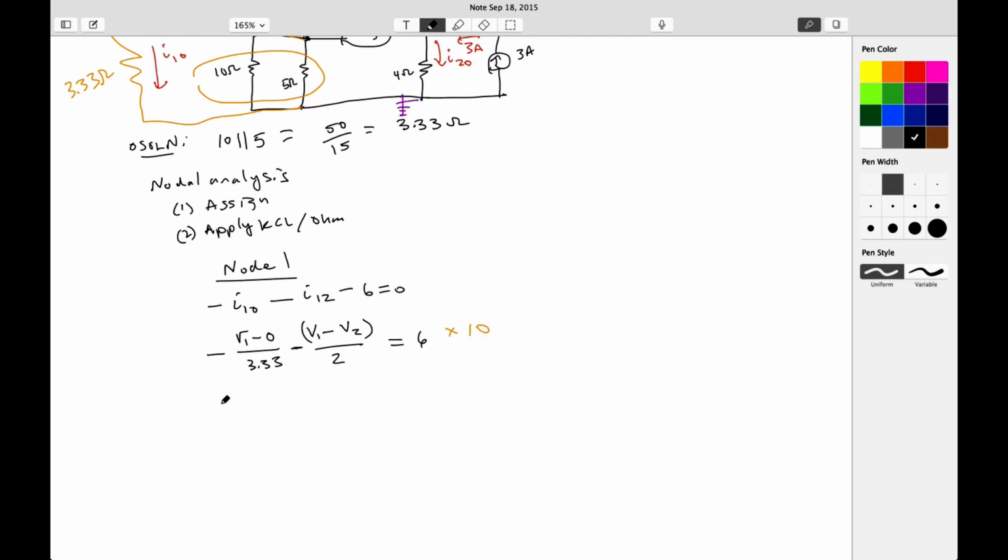And so what we get is minus 3 V1 minus 5 V1 plus 5 V2 is equal to 60. So this gives me minus 8 V1 plus 5 V2 equals 60. Let's call that equation 1.